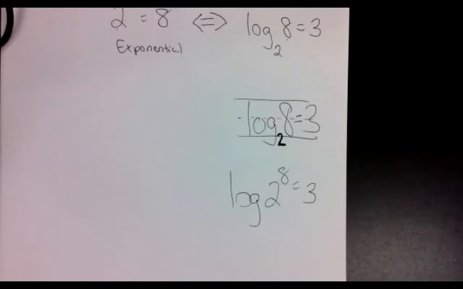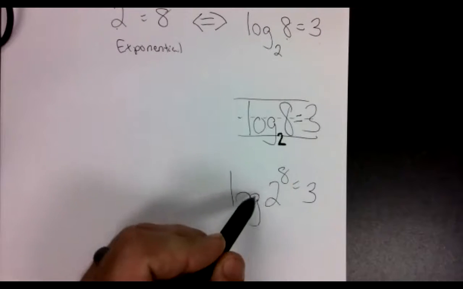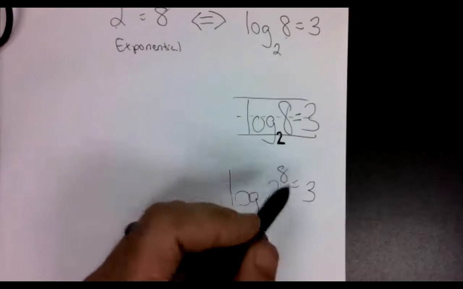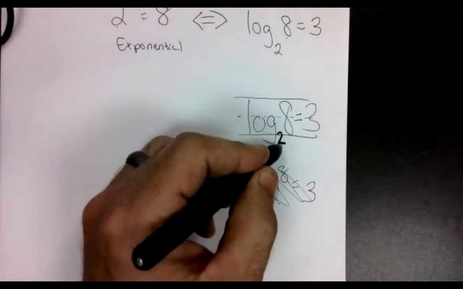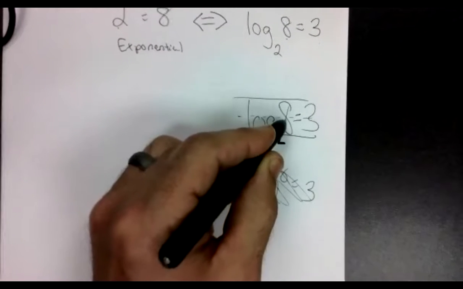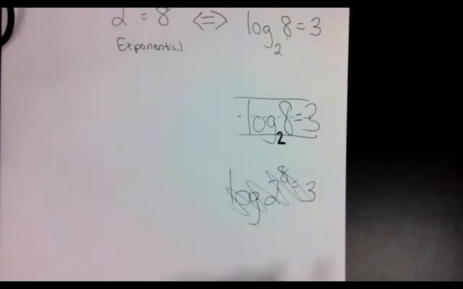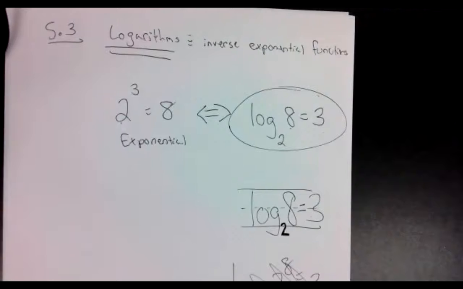And that is not at all even remotely close to correct, because we're going to talk about what happens when you don't see a sub number. It has a meaning. Right now this 2 is on the same level as the log, so it's no longer the base number. So where and how you write it is extremely important. Your sub number should be smaller and below whatever you're taking the log of, and what it equals should be on the same line and about the same size as your log. So when you write it, make sure you're writing it correctly.